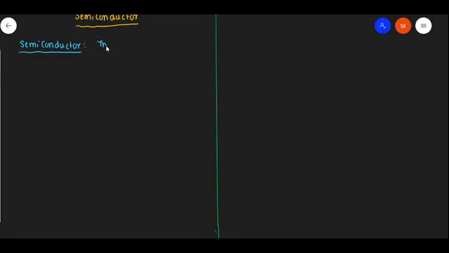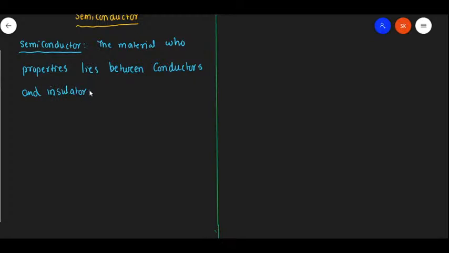Semiconductors are the materials whose properties lie between conductors and insulators. This is about semiconductors.